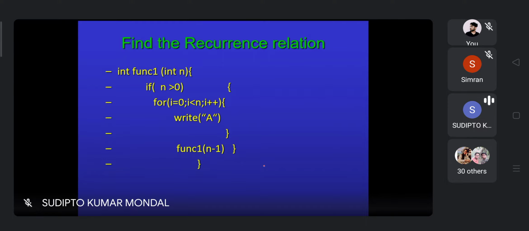So identify the individual stepwise count, which is actually known as the frequency of each and every step, and then try to figure out the recurrence relation of this particular function. Right? So try to do it quickly. I'll wait for 1 or 2 minutes, and if you have done it, then give your response. Identify the individual stepwise frequency, sum them, and then accordingly identify the recurrence relation.